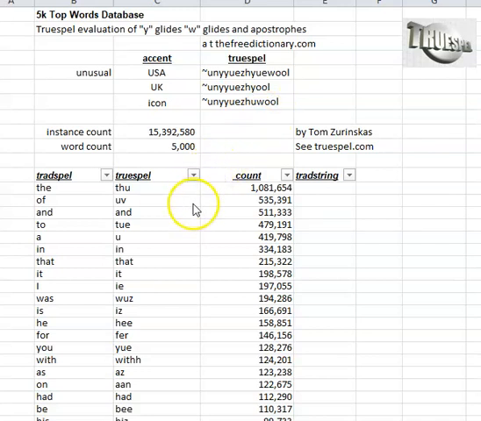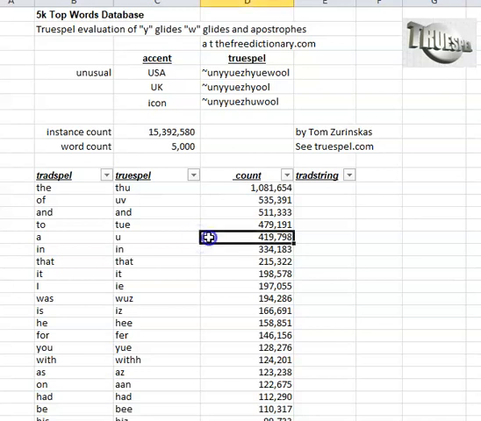And so we see here the Truespel database, and there are 15.4 million instances of the top 5,000 words of English. And the top word is the, with this many instances. And here of is the second most frequent, and these are the frequency of words. You can pause here to study, and I'll go down a little bit.